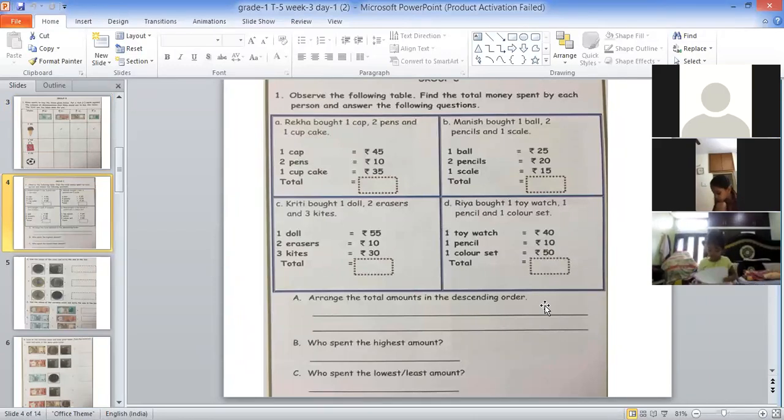Now open page number 12 of your math course book, children, and write date and classwork on page number 12.